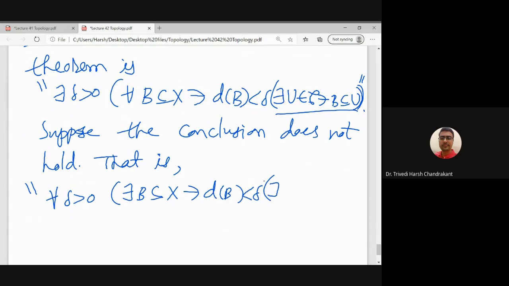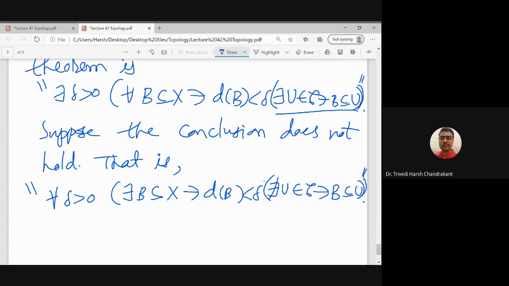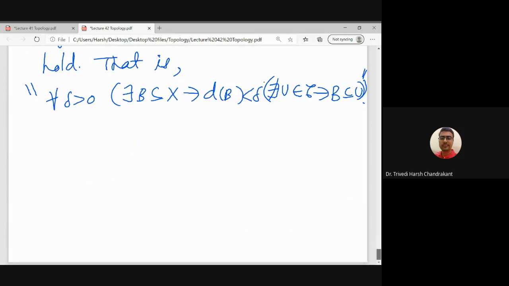So that means there does not exist any element U of the open cover such that B is a subset of U. So this is the negation of this statement, and now this is true for every positive number.